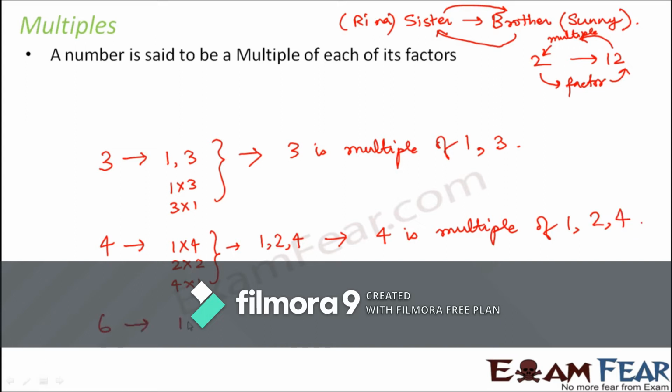What are the factors that 6 has? 1 into 6, 2 into 3, 3 into 2, 6 into 1. So 1, 2, 3, 6 are the factors of 6. So this means that 6 is a multiple of 1, 2, 3 and 6. So this is the meaning of multiple.